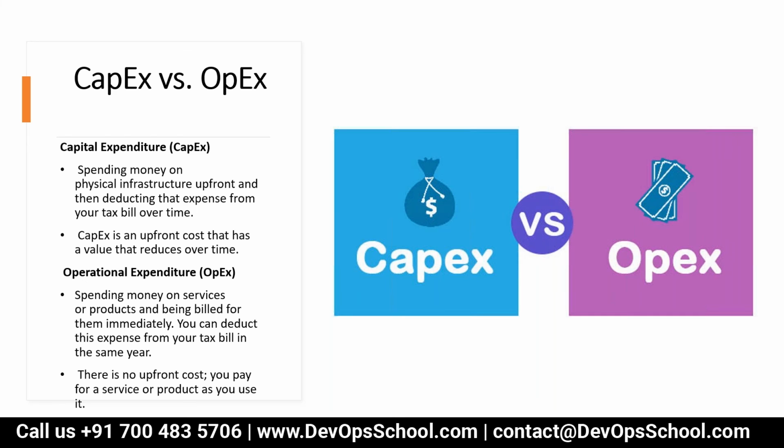Capital expenditure is an upfront cost that has a value that reduces over time. Like the example of the laptop: after 1 year, if you are going to sell it, the price will reduce with time, right?